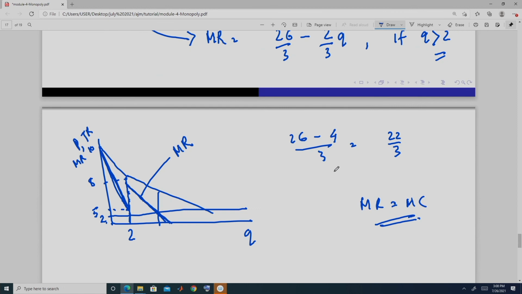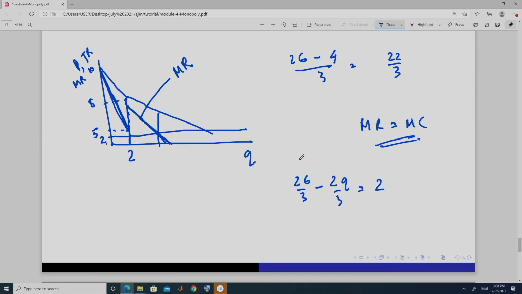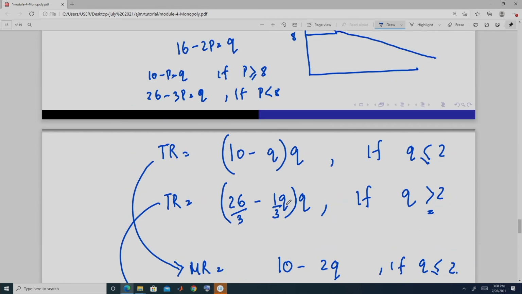This should be equal to 2. So, this is q equal to 10, this point is 10, and this price is, you plug in the price in this portion, 10.